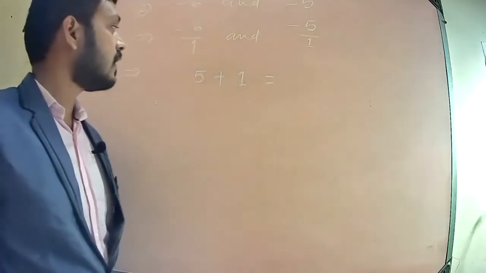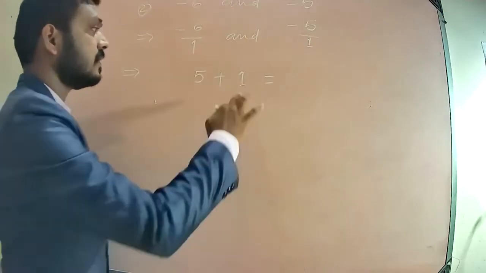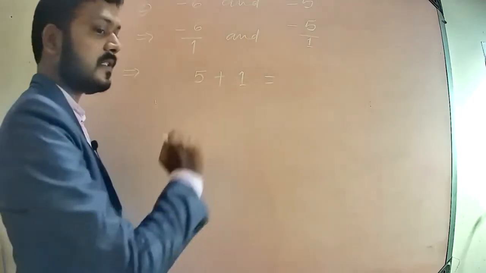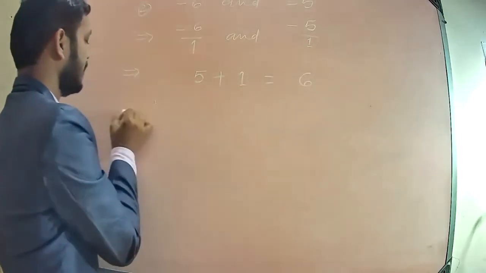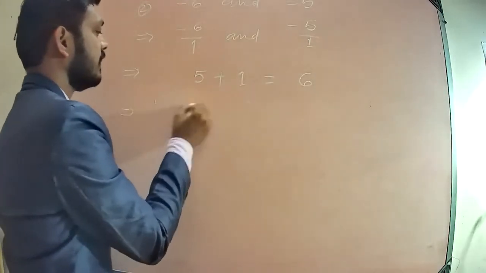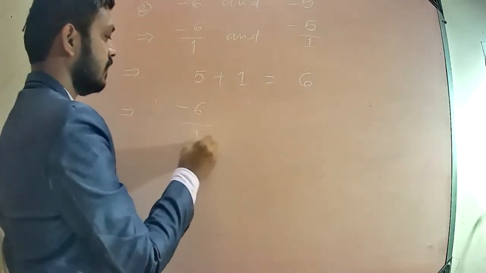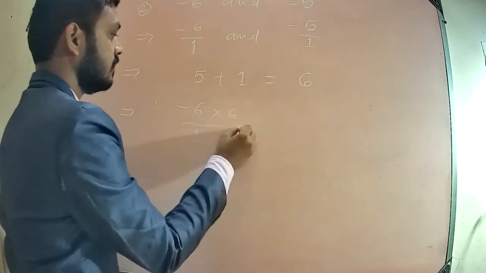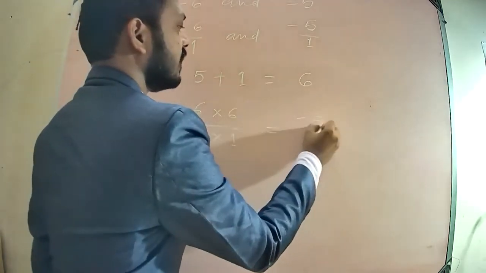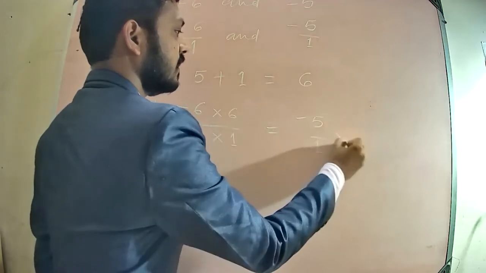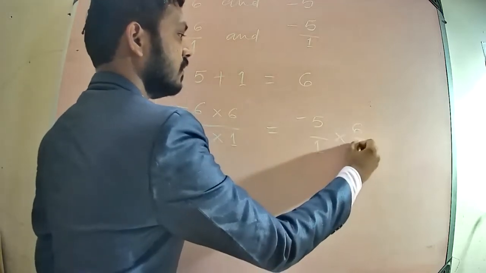We will understand this 1 at the end of this question. So 5 plus 1 equals 6. So multiply the numerator and the denominator by 6. So -6 by 1 and -5 by 1, into 6 by 6.